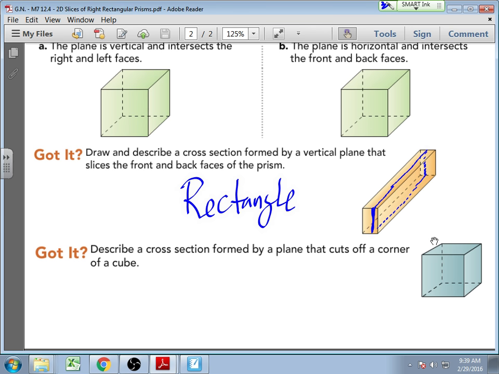Now here is where your mind blows. Take a cube. Cut off a corner. Don't cut vertically. Don't cut horizontally. Cut off a corner.